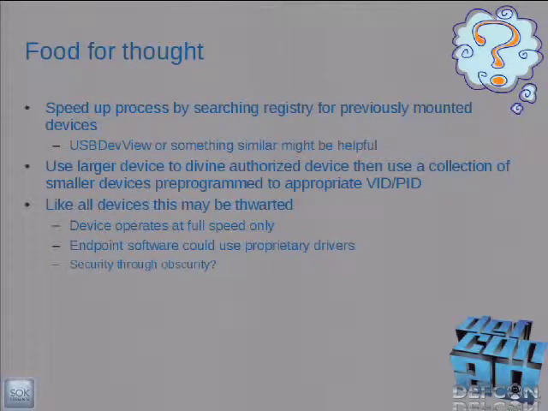It does only operate at full speed. If you were to detect that, you could possibly say, oh, I know that somebody's doing something bad. And you could use proprietary drivers, but you don't really see a lot of that out there. Even if you did, that's security through obscurity, which we all know is most secure at all.